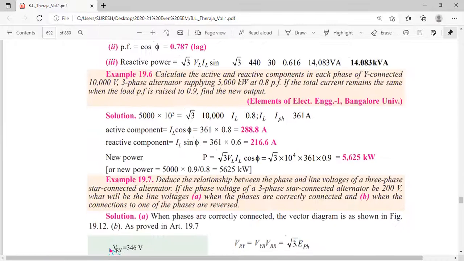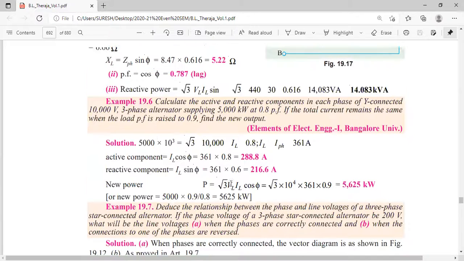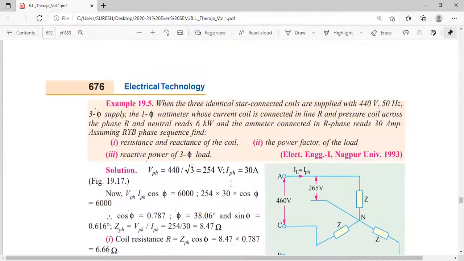Next problem. Take down this problem, 19.5.